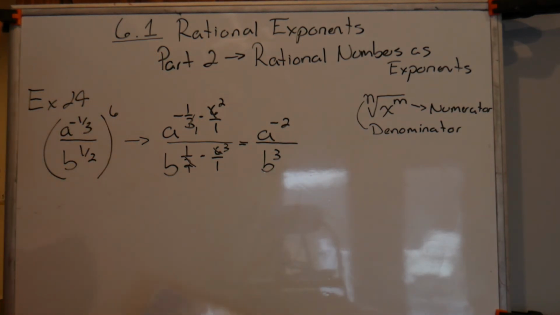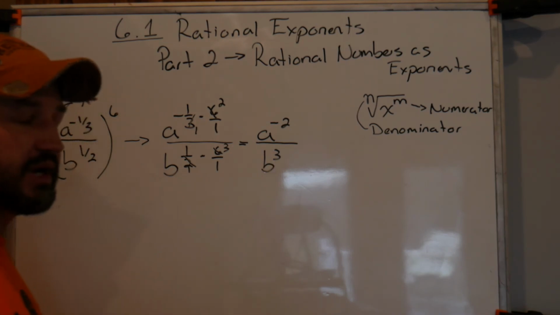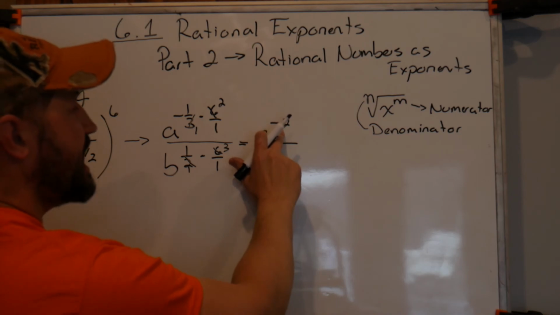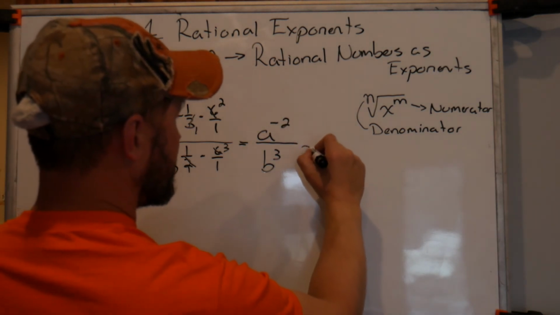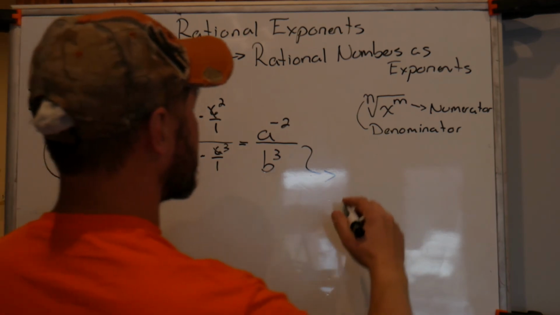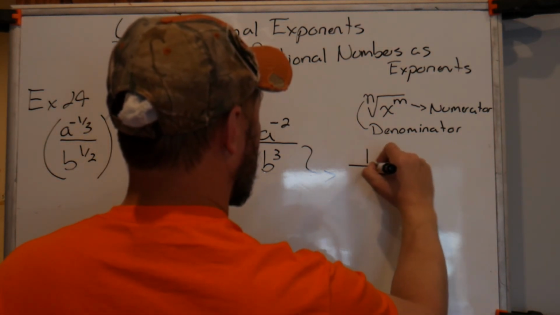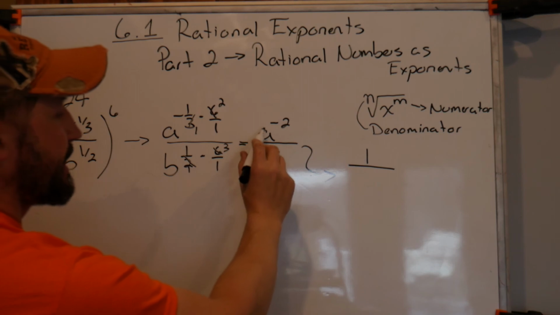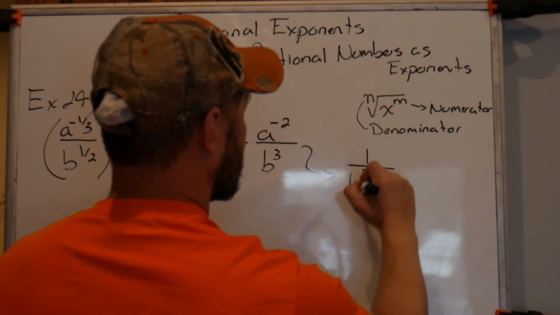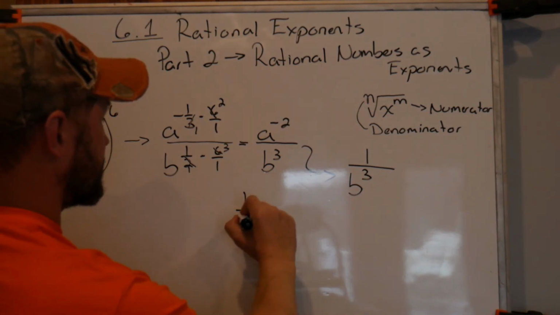What I have to do is if you have a positive exponent, leave the variable where it is. If you have a negative exponent, that's when you have to move it. Remember, it's easier to just think move it. Wherever it is, move it to the other side. So I leave my 1 because I'm dropping this down. And this is 1 over b cubed regardless.